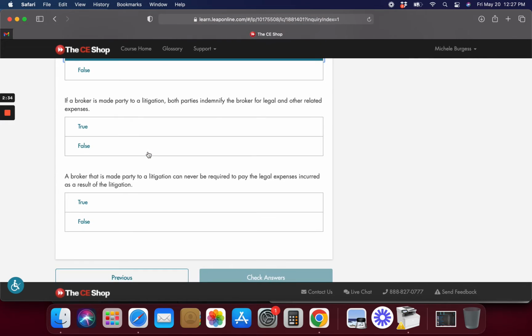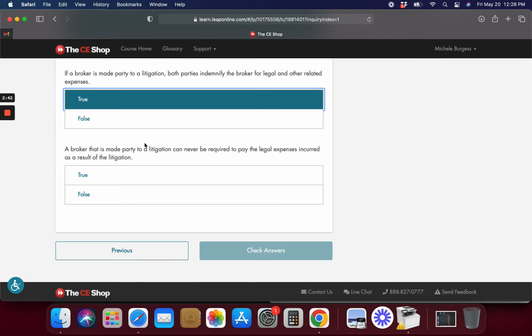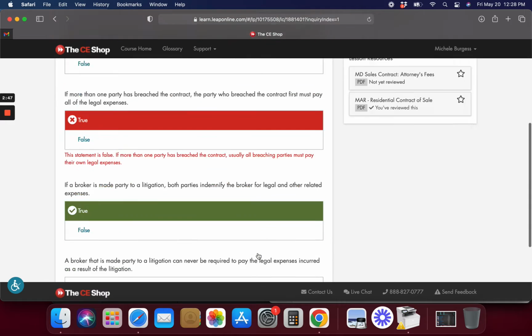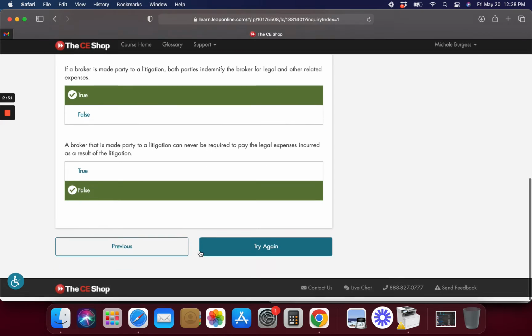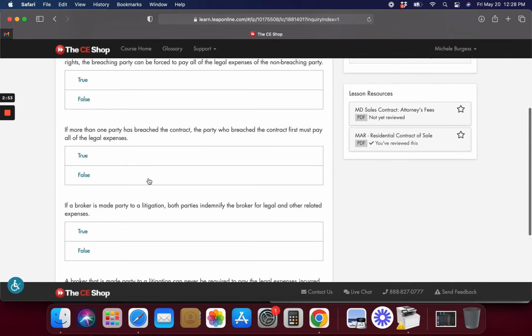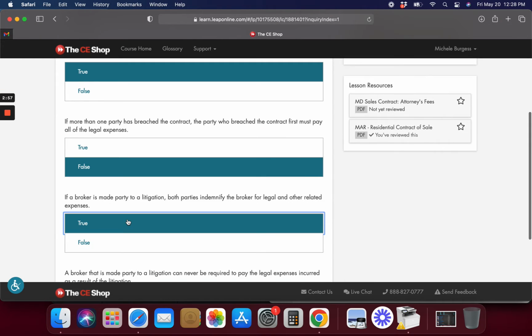If a broker has been made party to a litigation, both parties indemnify the broker for legal and other expenses, and a broker that is made party can never be required to pay the legal expenses. This one is false, the second one. This is false, and this is false. This is true, and this is true.